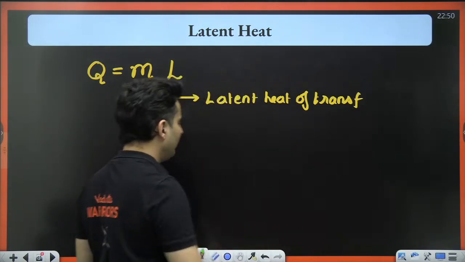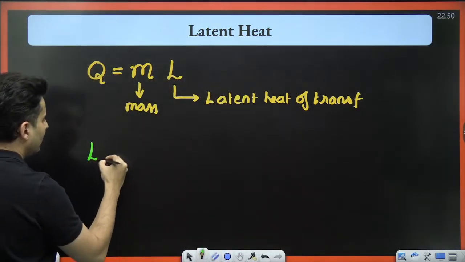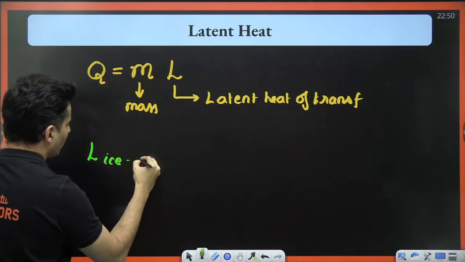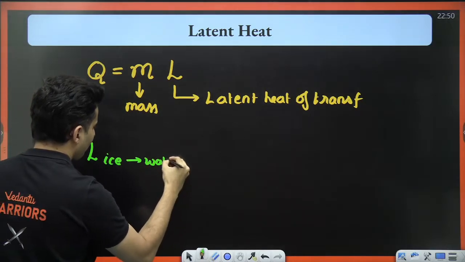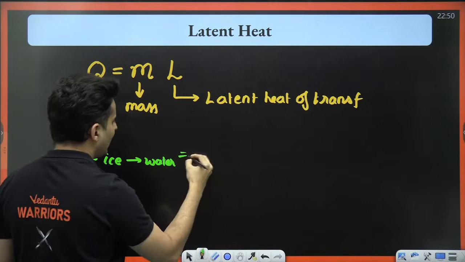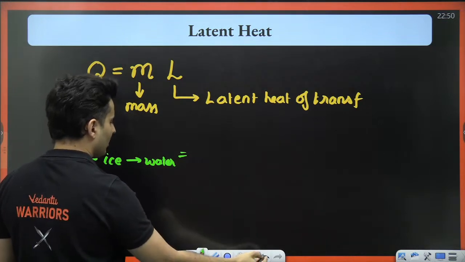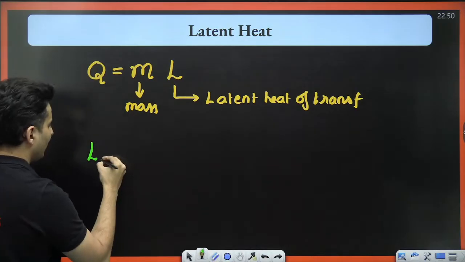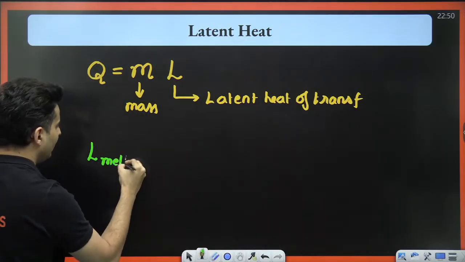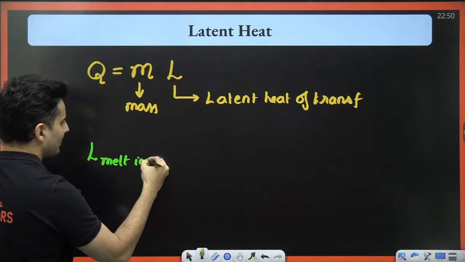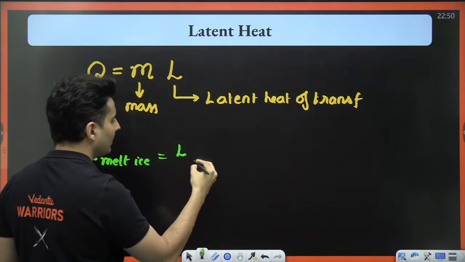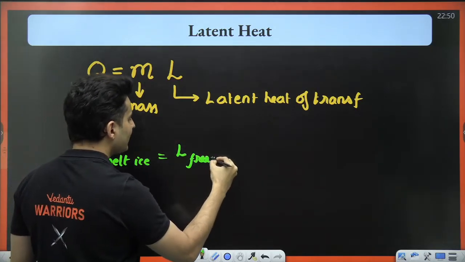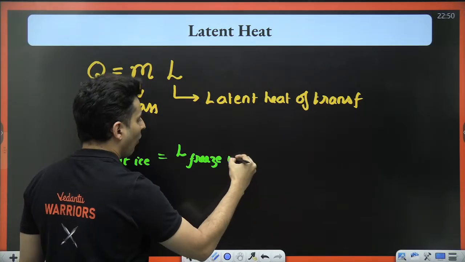Say for example, latent heat for ice to go into water, which means basically for melting of ice, is the same as latent heat for freezing of water.